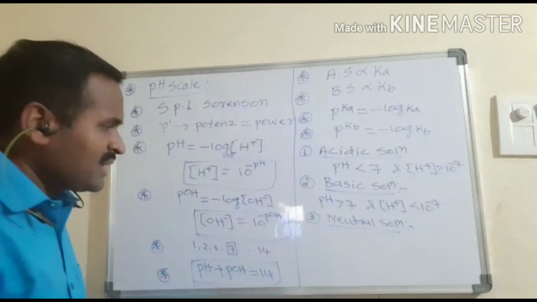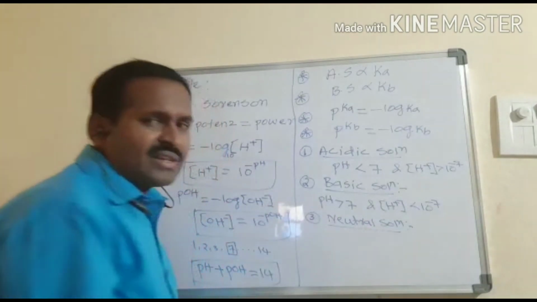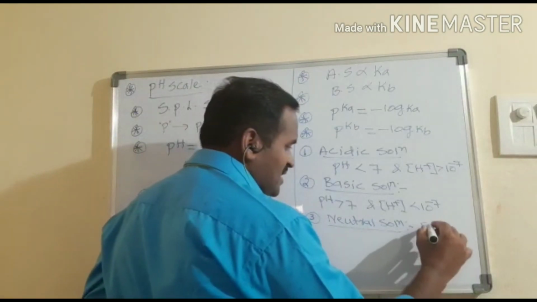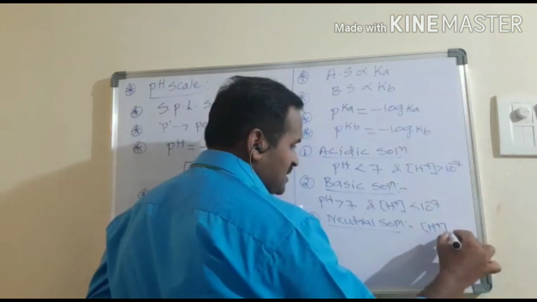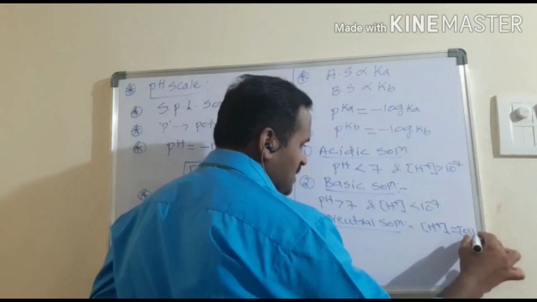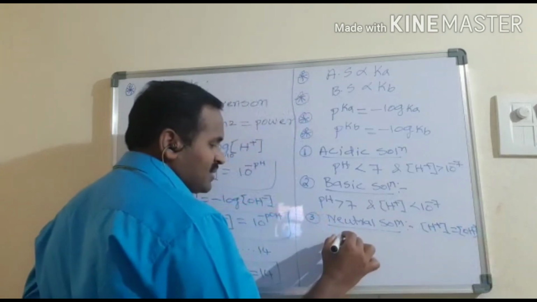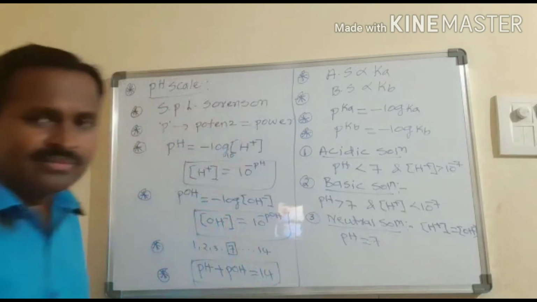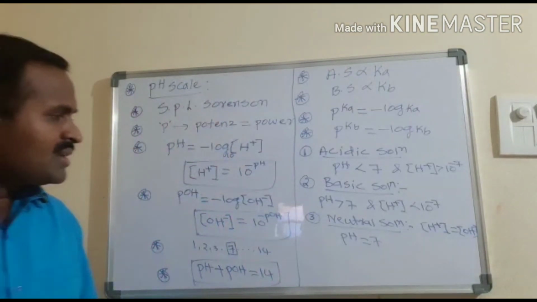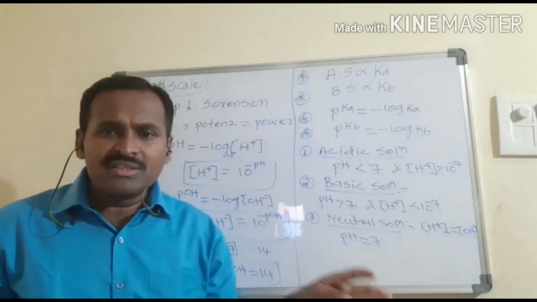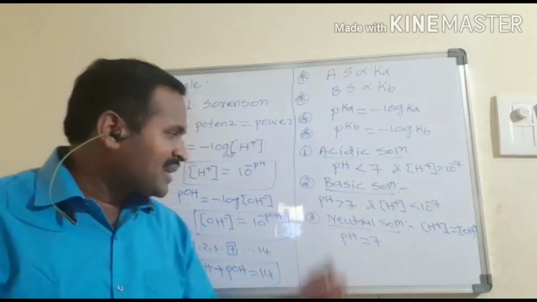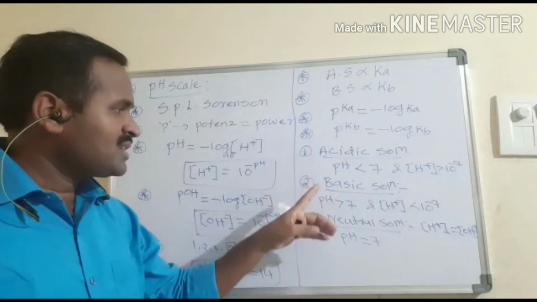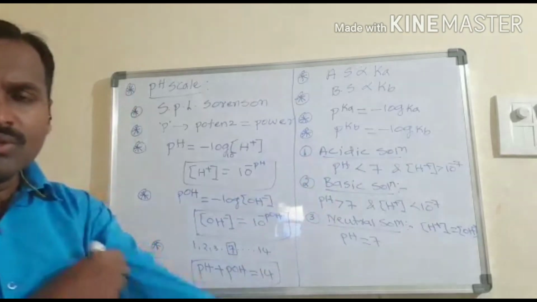Whenever the H plus ion concentration equals the OH minus ion concentration, the pH of the neutral solution is always equal to 7. So based on pH values, solutions are mainly three types: acidic solution, basic solution, and neutral solution.